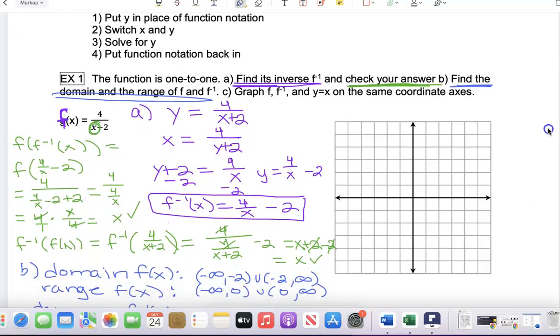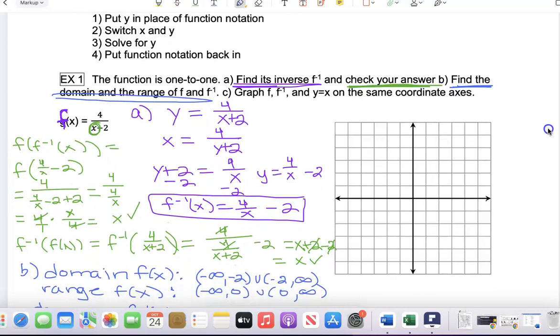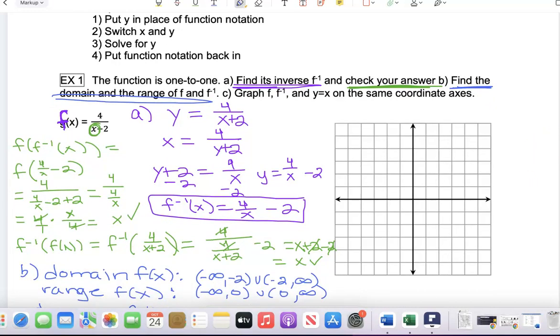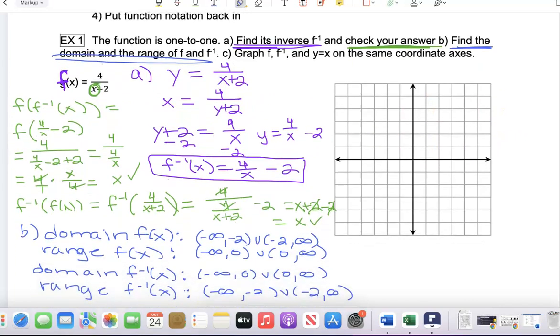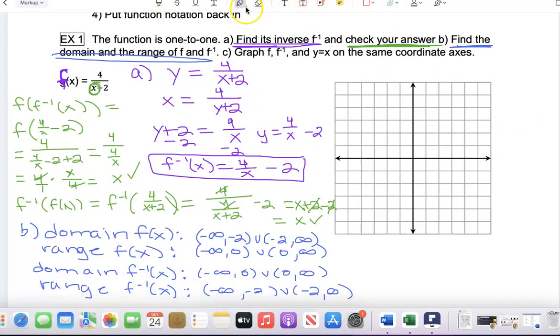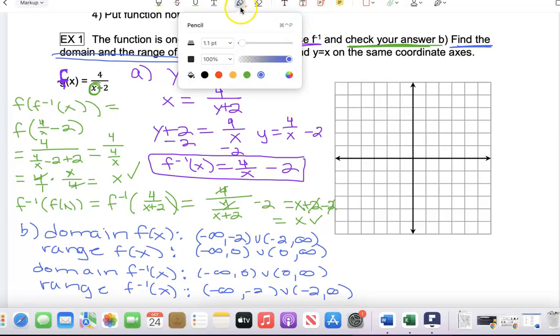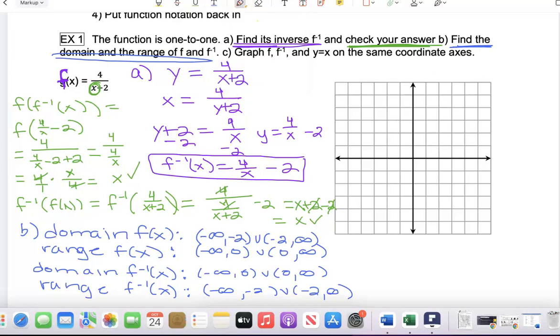All right. Next, graph f inverse, and y equals x on the same coordinate axes. Okay, so let's go ahead and do, let me get a different color here. I'm going to use red for f of x.